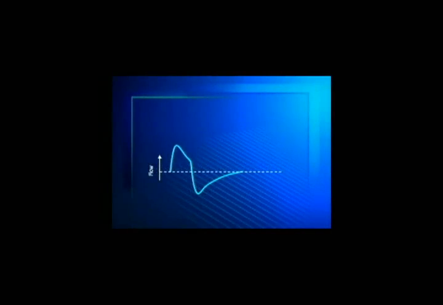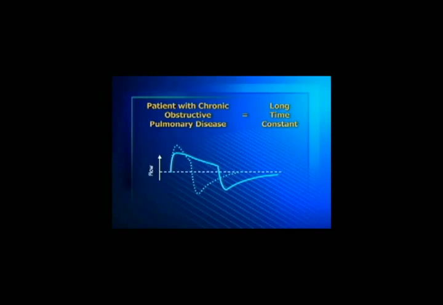Late cycling off is often seen in patients with chronic obstructive pulmonary disease, or COPD. Patients with obstructive disease generally have long time constants, and this results in a slower flow decay from the peak inspiratory flow to the expiratory threshold. This in turn may result in them actually wanting to exhale at 50% of the peak inspiratory flow, but the machine may be set at 25%.